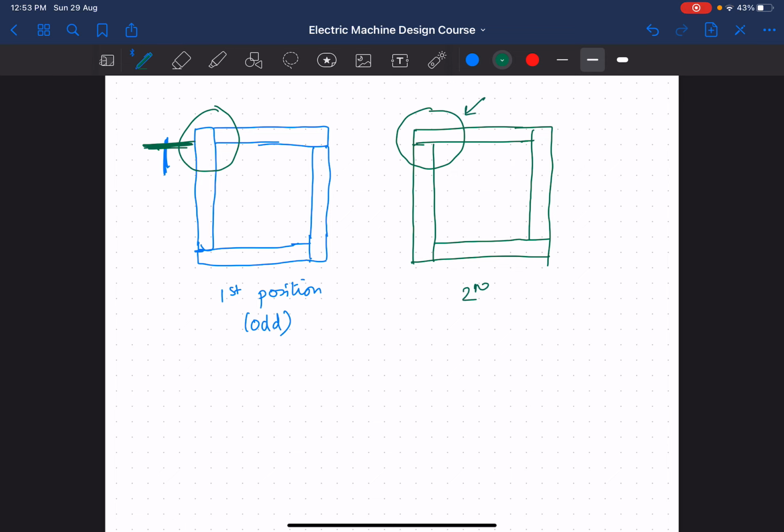So this is the second position, or the even position. Okay, so this is how these laminations are laid out.